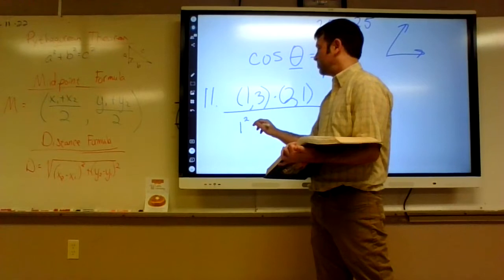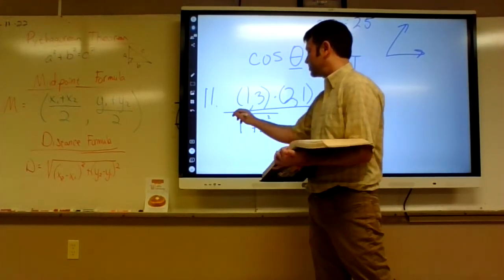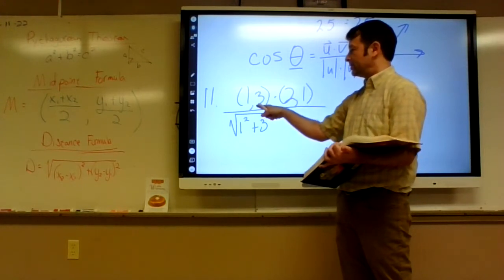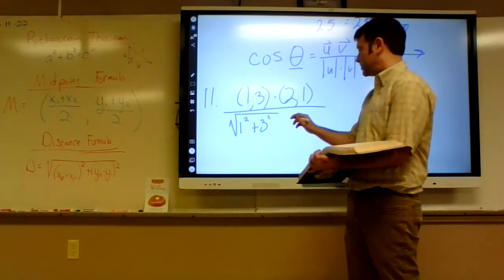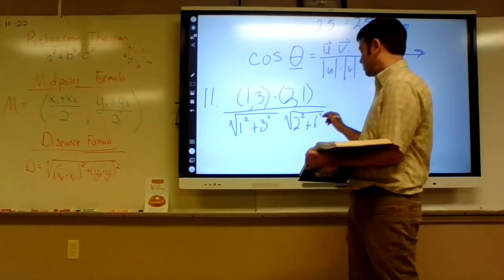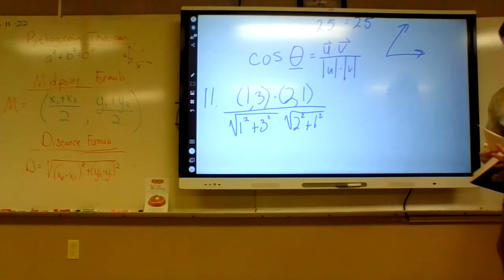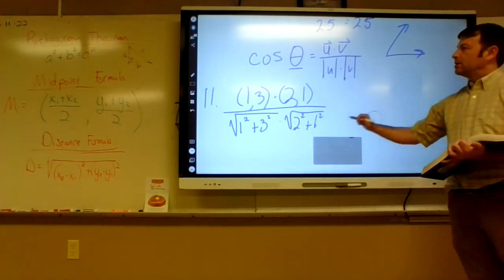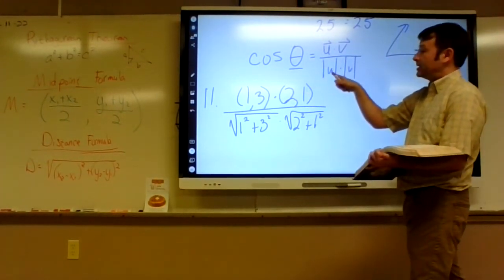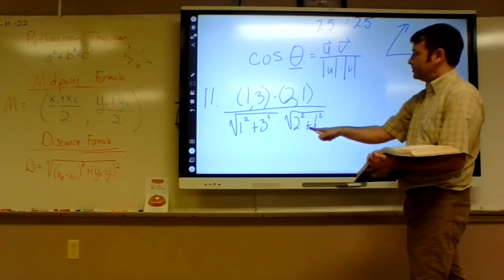So it's 1 squared plus 3 squared, square root of that. That's the magnitude of this guy. And then the magnitude of the other guy, same thing. It's really taking me a second to grasp. There's a lot going on. I understand what you're doing. I did the dot product of the two vectors up here, the magnitude of u, the magnitude of v.